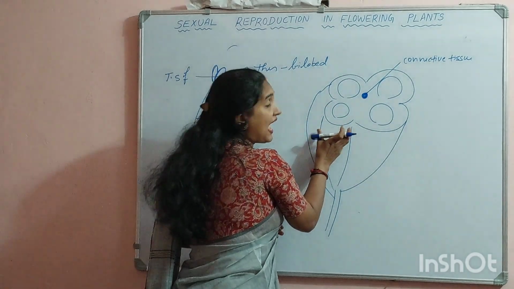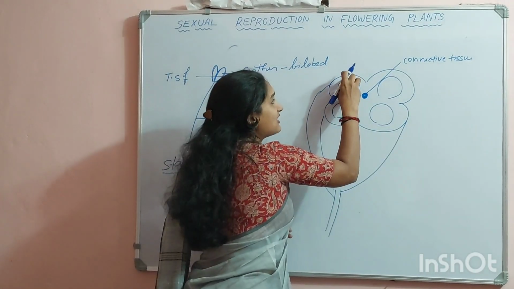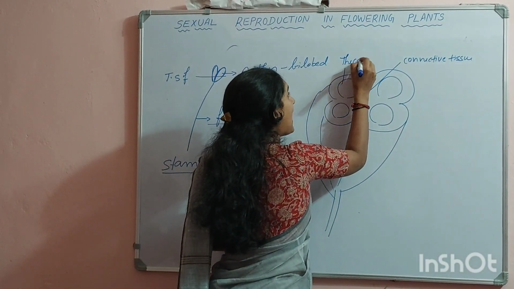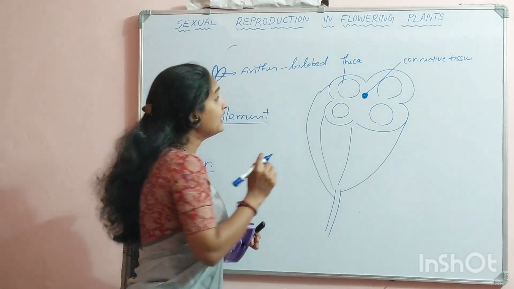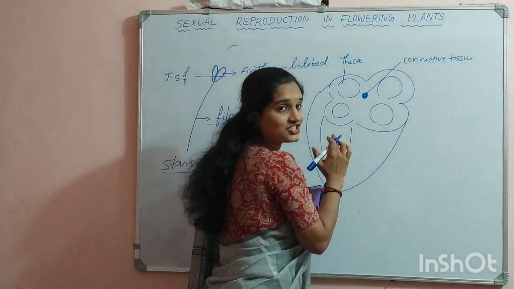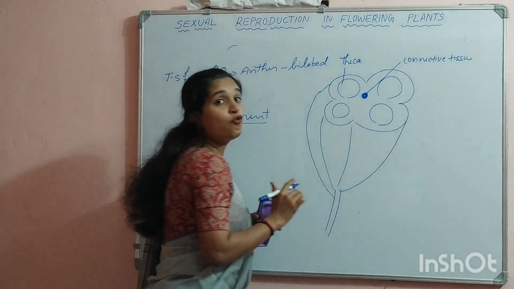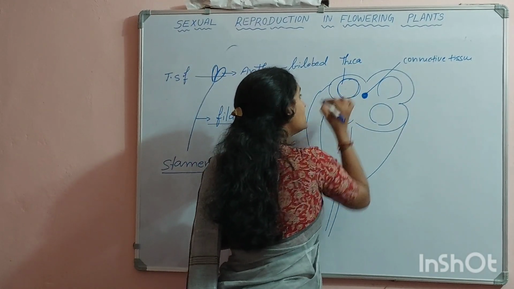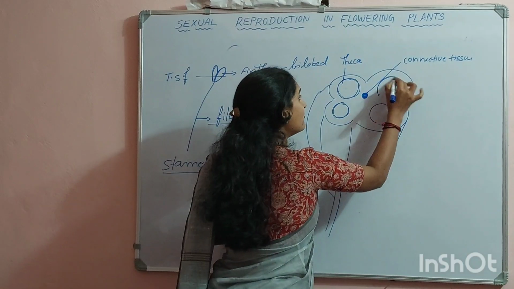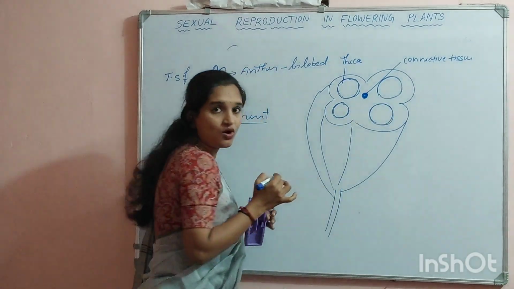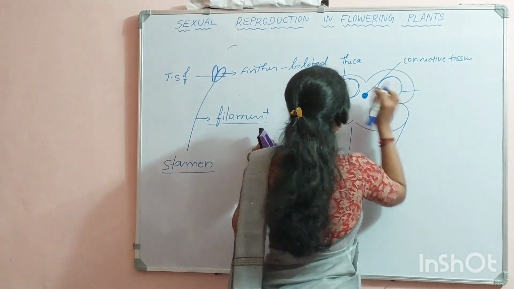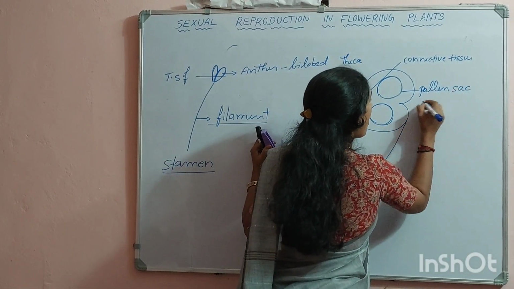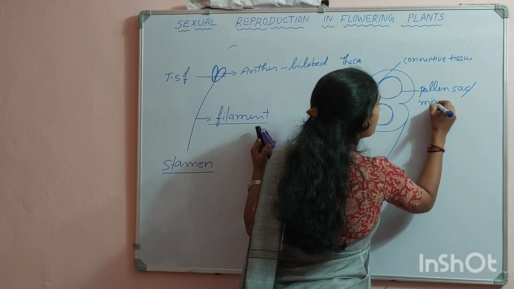So each lobe has two cavities. This is the upper cavity, the lower cavity, and these cavities are called the theca. In one section of the anther we can see there are four theca, and each cavity is called a pollen sac or microsporangia.